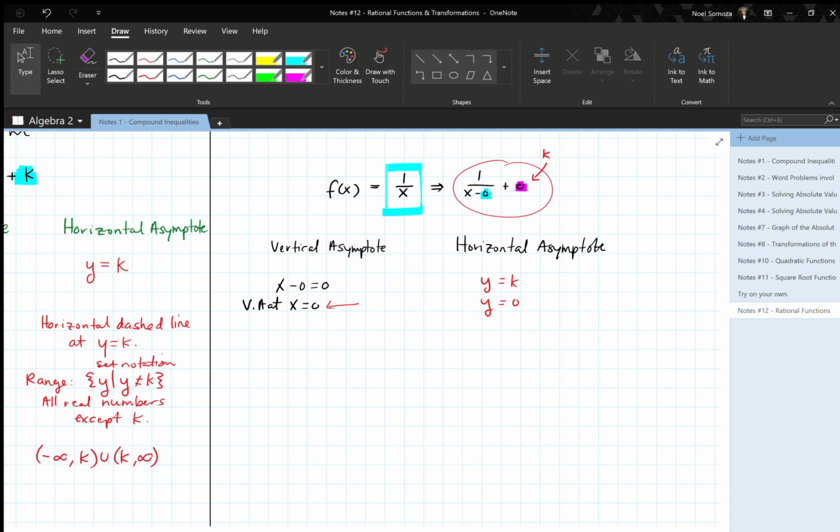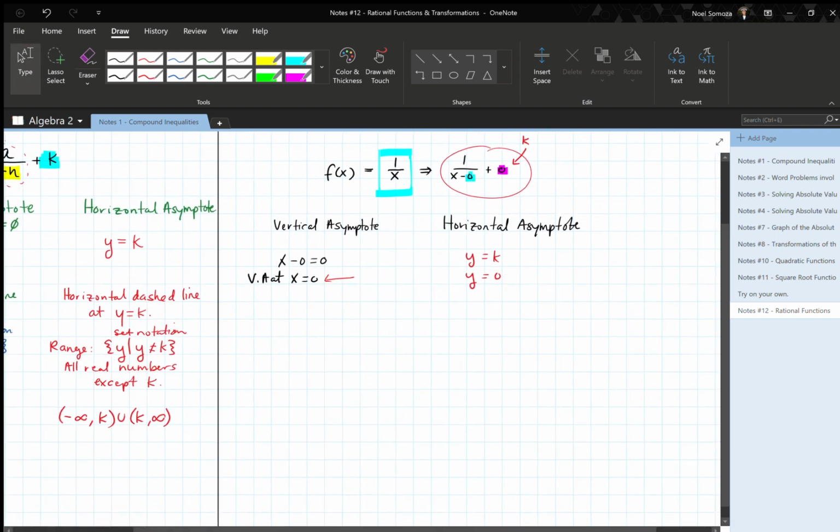Okay, so let me go ahead and write out this domain. The domain, remember, in set notation, is going to be all values of x such that x does not equal 0, because it's going to cause some issues.